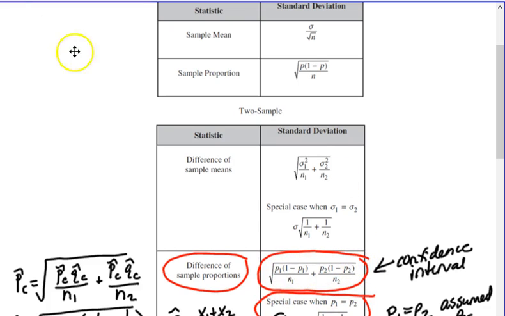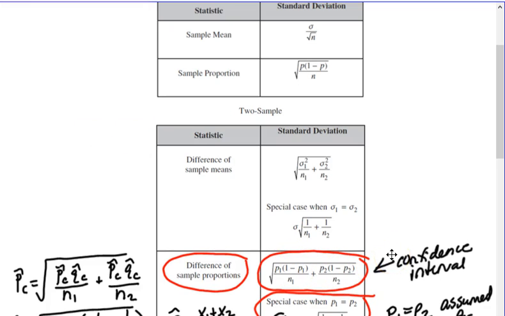We talked about this in our simulation, that we have to use what we call the Pythagorean theorem of statistics. We take each individual sample proportion standard deviation, we square it, so that's why there's no square root around this part. We square that, we add them together, and then we take the square root of the whole thing. So we're adding variances.